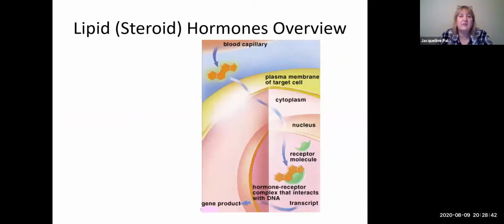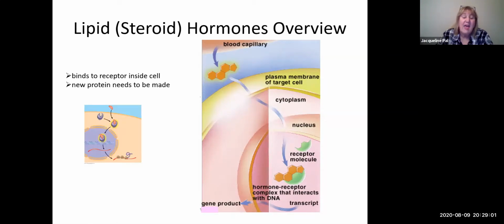In contrast to that, our lipid or steroid-based hormones, they're binding to receptors inside the cell. So like on this picture, it's inside the nucleus, where it is most of the time, but on occasion, sometimes they're in the cytoplasm, but it's never on the plasma membrane of the target cell. And now we have to make a new protein.